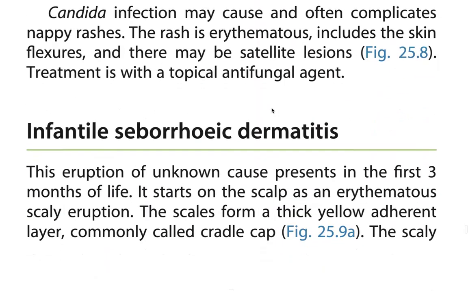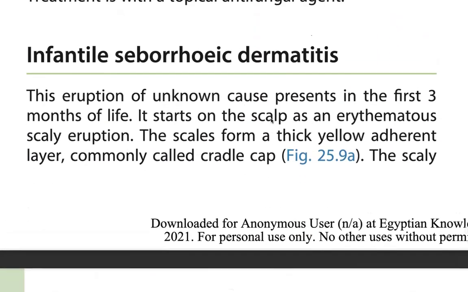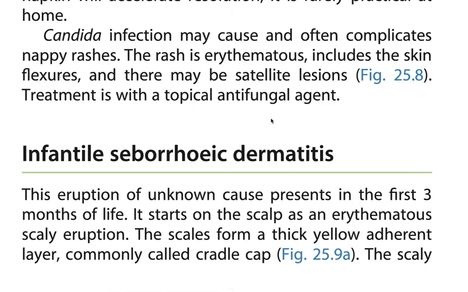Infantile seborrheic dermatitis. This eruption of unknown cause presents in the first 3 months of life and starts on the scalp as an erythematous scaly eruption. Scales form a thick yellow adherent layer, commonly called cradle cap.